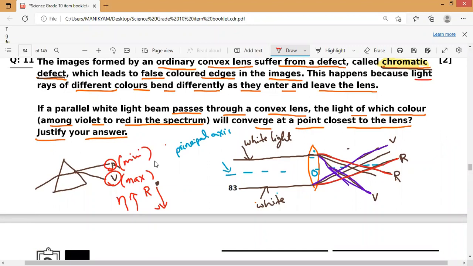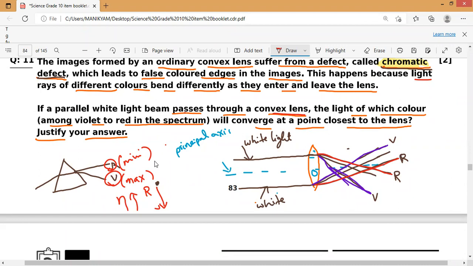Yes, violet, because it will bend the most after refraction. Do you understand it? So who will bend most after refraction? Everybody, violet only, because of minimum wavelength, understanding, and minimum speed.